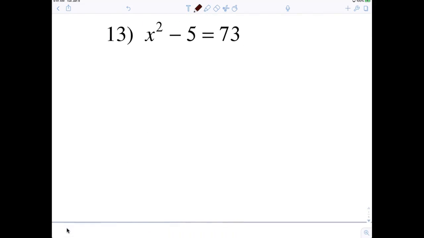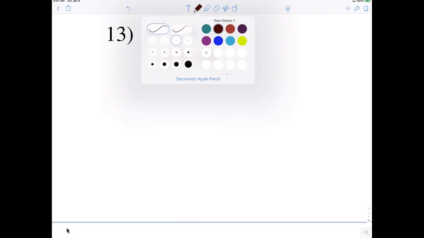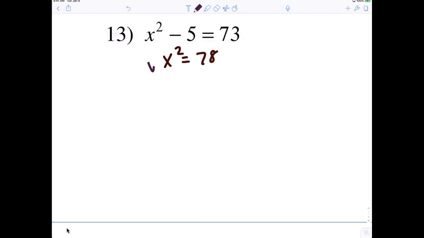Okay, what do I have to do first? So x squared is equal to what? 78. Now what do I need to do? Take the square root. So x is equal to plus or minus the square root of 78.